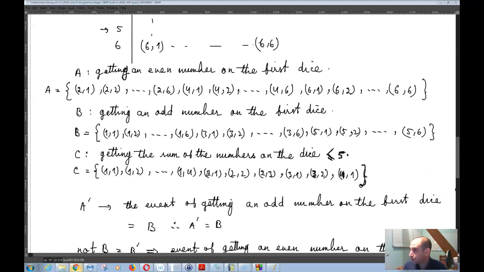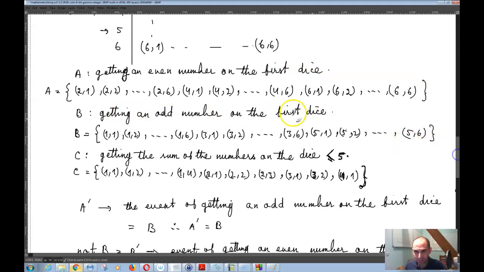Now the second part of this question is A and B are mutually exclusive and exhaustive. And of course that's also true, because getting an even number on the first dice and getting an odd number on the first dice, we already established that they were mutually exclusive.